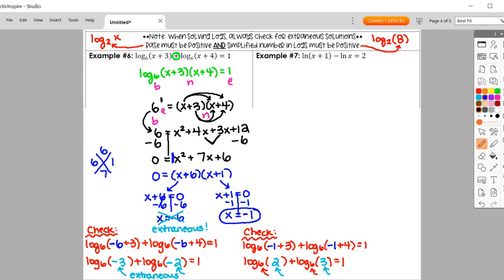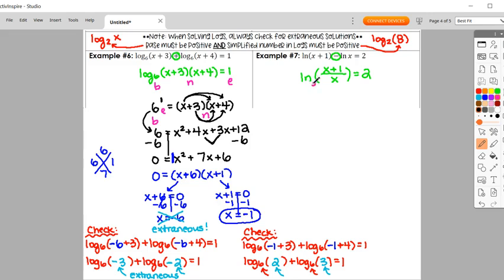Example number 4. Same approach we just did, but now because we have subtraction, we'll actually be dividing these. So I'll take the natural log in front, and inside I'll have x plus 1 divided by what was in my second natural log, ln of x. And this will all equal 2. Once the logs are combined, we do a rewrite.